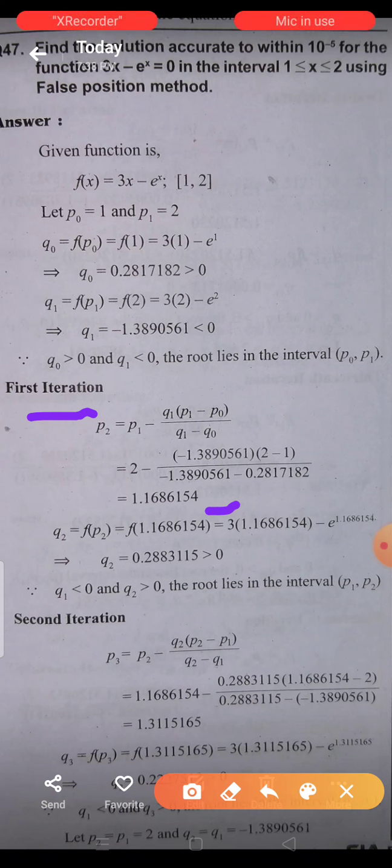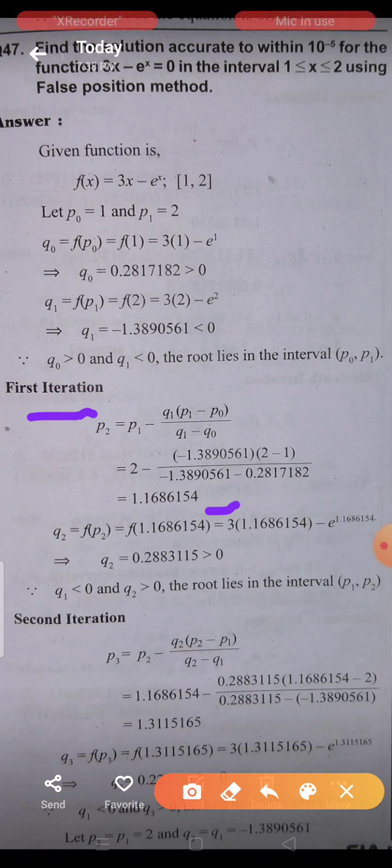Next, find out Q2. Q2 is equal to f of P2 is equal to f of 1.1686154 is equal to 3 into 1.1686154 minus e power 1.1686154, implies Q2 is equal to 0.288315.